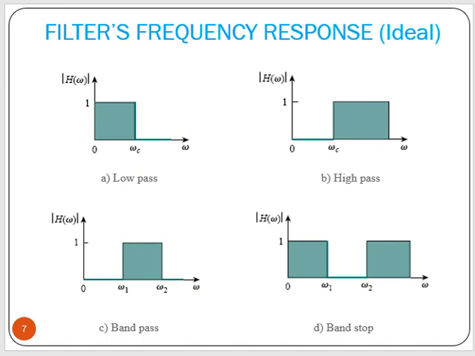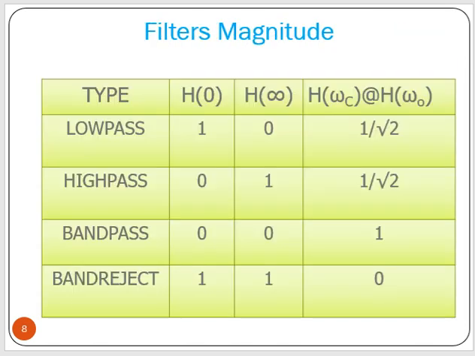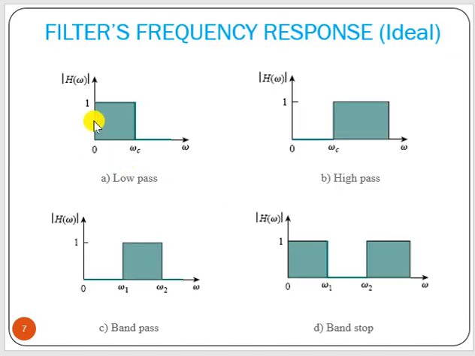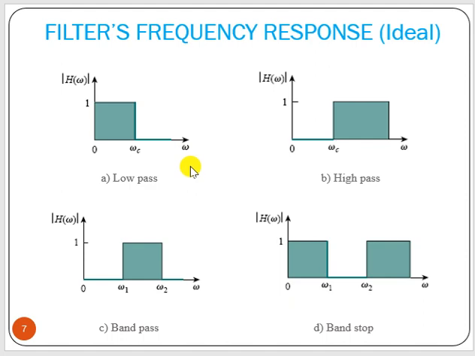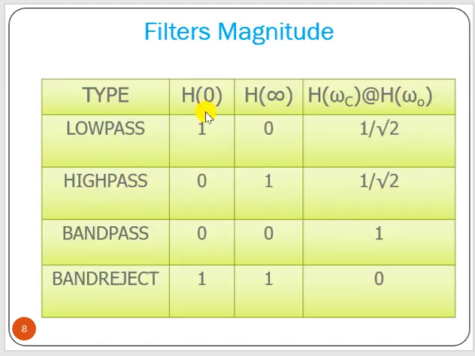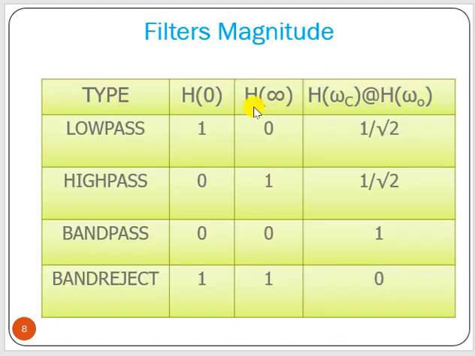Okay. Now, for magnitude, what will be the value? For low pass, at omega equal to 0, the value is 1. And for omega equal to infinity, the value is 0. For high pass, at omega equal to 0, the value is 0, and at omega equal to infinity, H of infinity is 1.